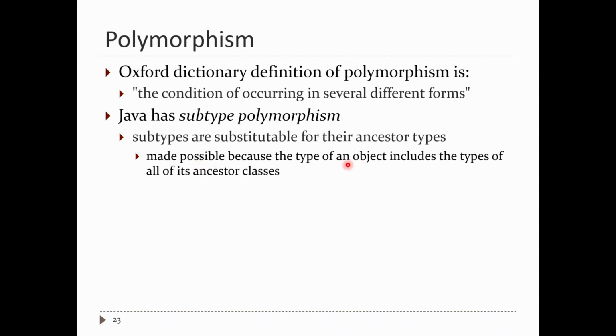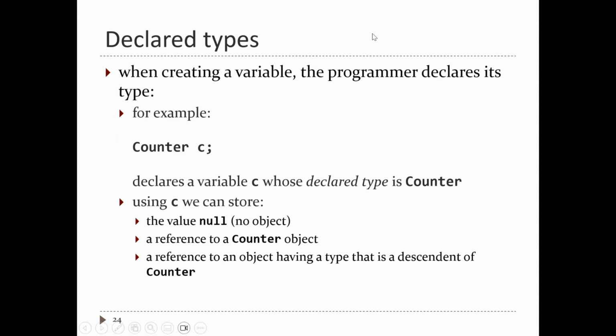This works because the type of an object includes the type of all of its ancestor classes. When creating a variable, you have a type for the variable c. So we have Counter c. This variable declaration says that c is a variable of type Counter. We say that the declared type of c is Counter.